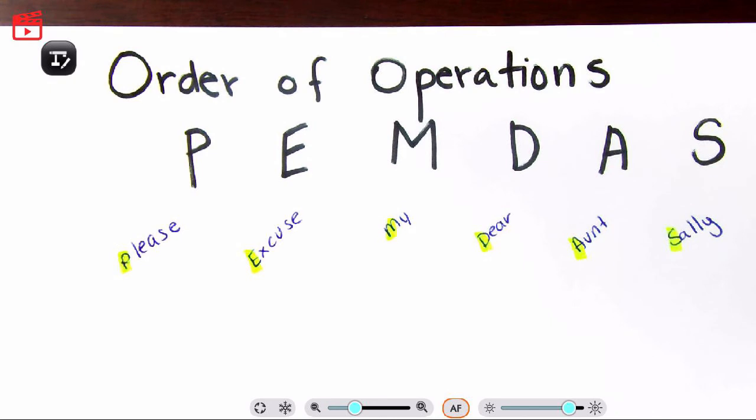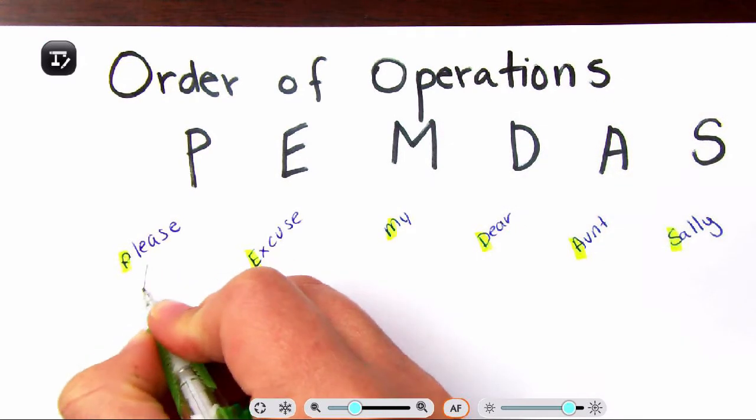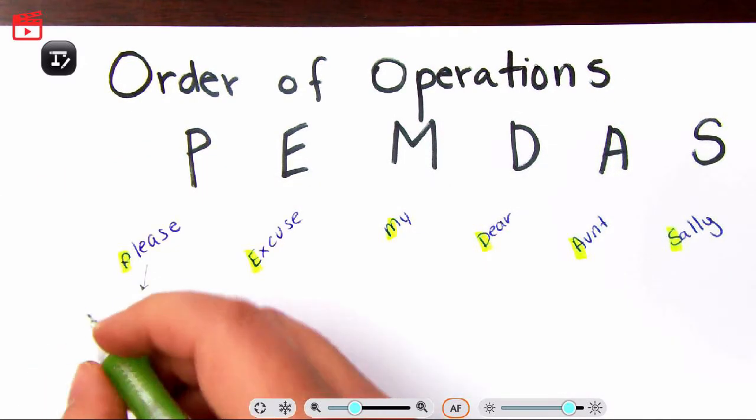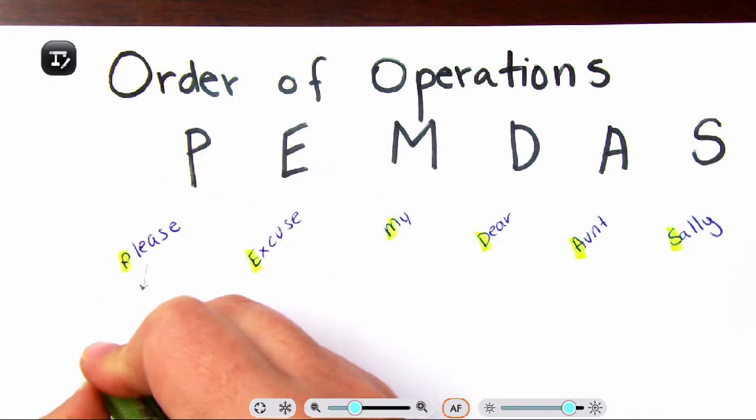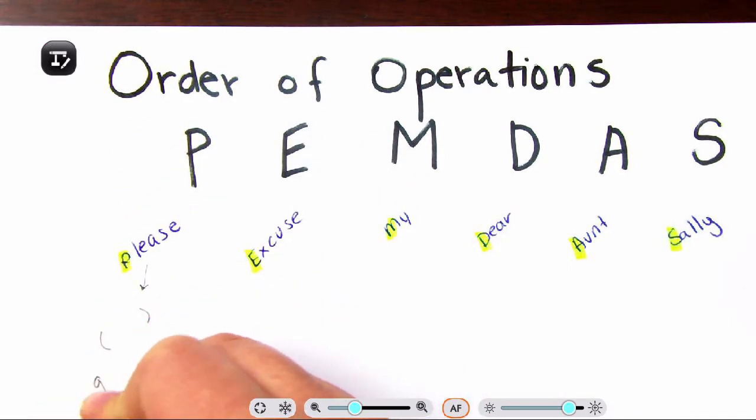Now, each letter also represents a mathematical operation, things we do with it. So for the P, we have parentheses or grouping.